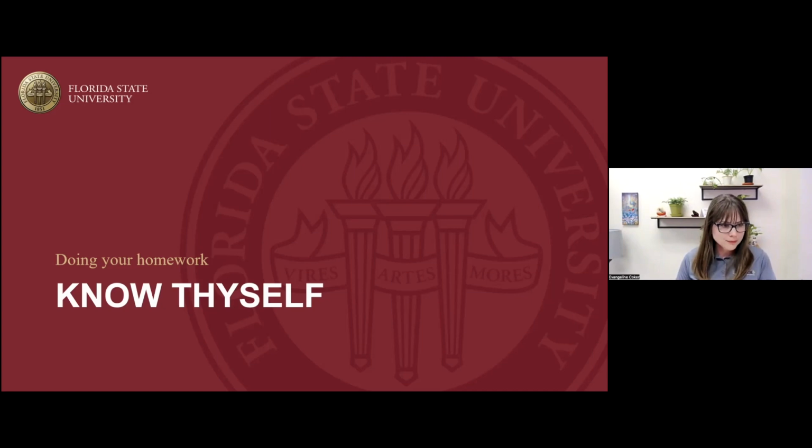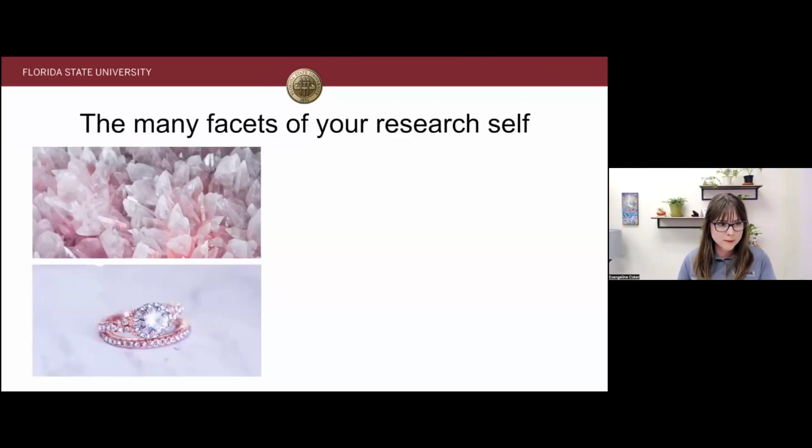So let's get an idea of who we are. You have probably many facets of your research self. And when I was thinking about facets, I thought about crystals and how some of them grow facets organically over time, and they're different shapes and different colors.